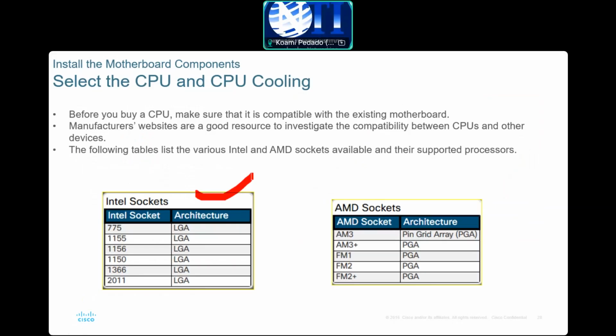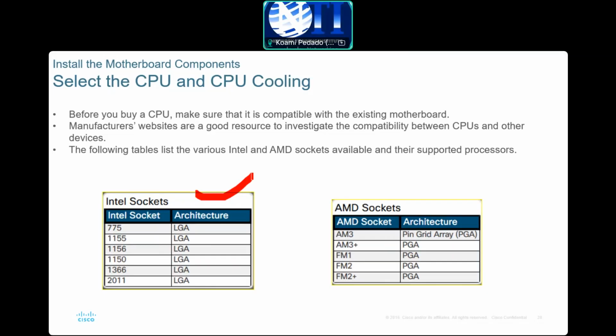The CPU is kind of flat, slim, with nothing on it, but on the motherboard where you put the CPU, you see a little bit of pins that you need to be careful with, because if they are burned or damaged, you've got to replace the whole motherboard. So you need to be careful.